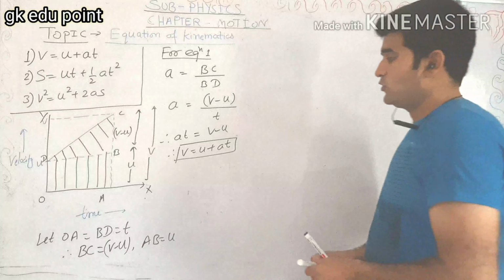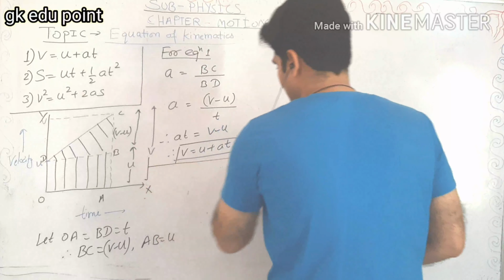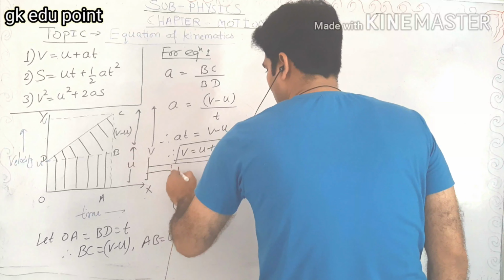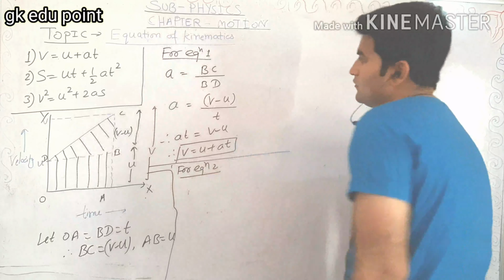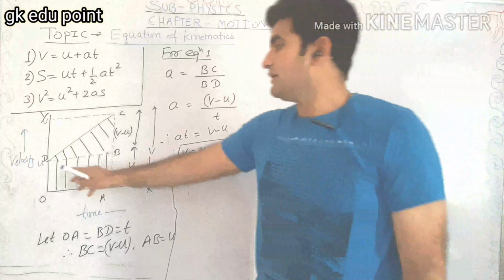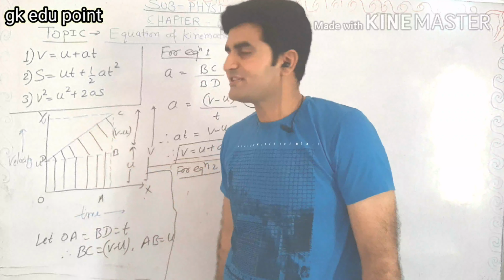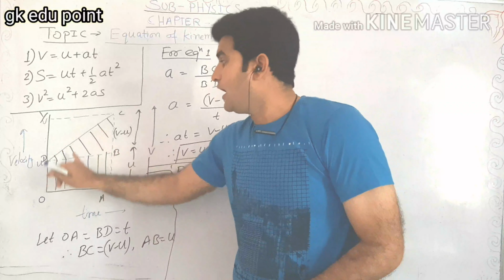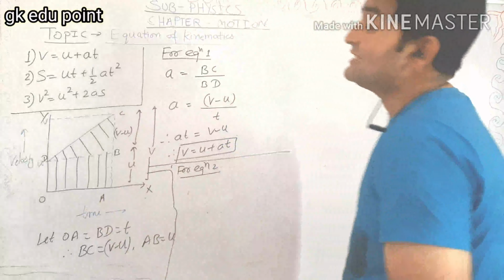Now we approach equation number 2. For equation number 2, we take the area of these two regions. In this particular graph, there are some shaded regions which represent the area of these two regions, and this area represents displacement.